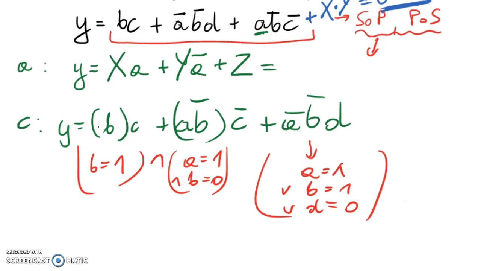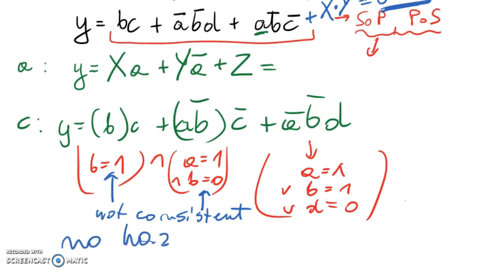And looking at these two conditions, they are not consistent. So they cannot be satisfied at the same time. No hazard. You don't need to add anything. No hazard with respect to C. By changing C, you cannot observe glitches at the output, because the conditions for hazard are not consistent with each other.